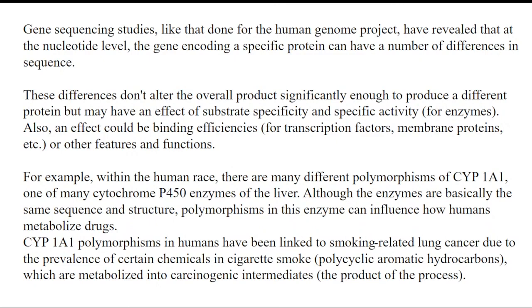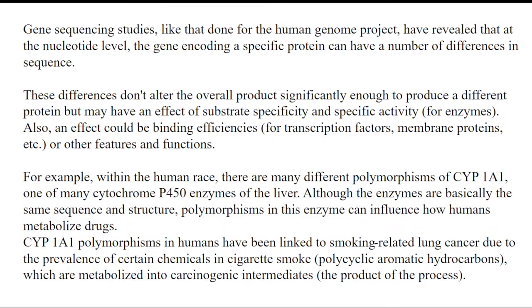These differences don't alter the overall product significantly enough to produce a different protein, but may have an effect on substrate specificity and specific activity for enzymes. Also, there could be an effect on binding efficiencies for transcription factors, membrane proteins, or other features and functions.